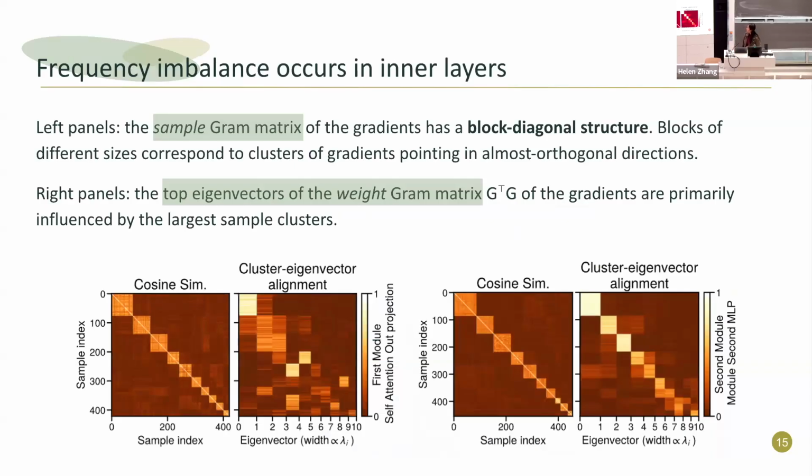Here you can see on the left panel of both graphs, the left is a self-attention output projection layer, and the right is a second MLP layer. On the left panel, you can see that the gram matrix does exhibit this block diagonal and frequency imbalance structure. And on the right are the top eigenvectors of the weight gram matrix that also correspond to the classes.